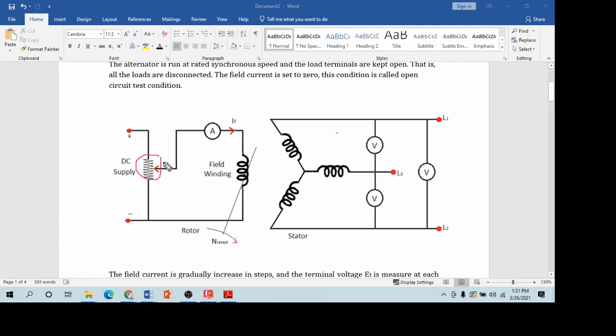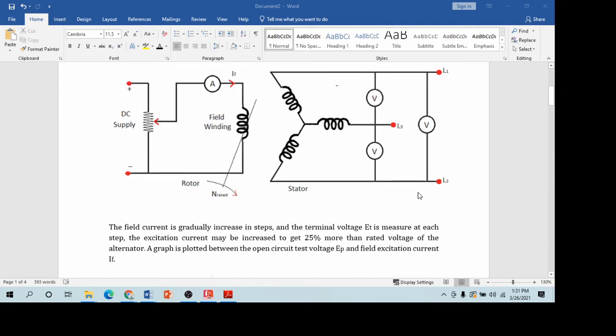At first the field current is zero. Then the field current is increased in steps by adjusting the field winding current, and the terminal voltage VT is measured at each step.